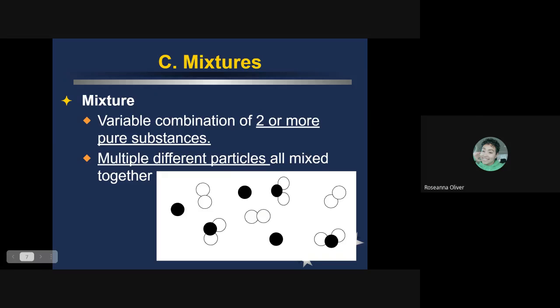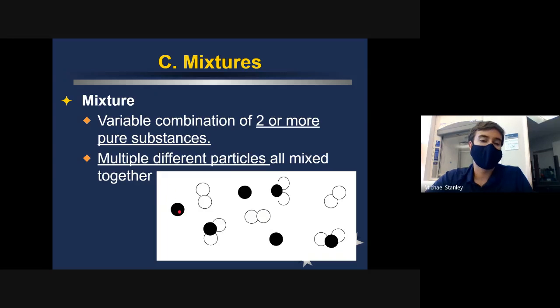I didn't hear the second half of your question. So this single black atom right here, there's 3 of them in this mixture. Would these be considered elements or compounds?